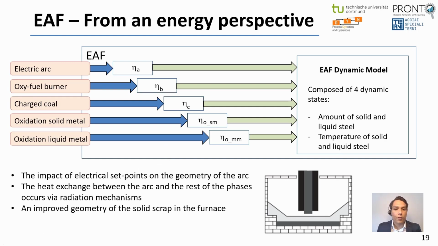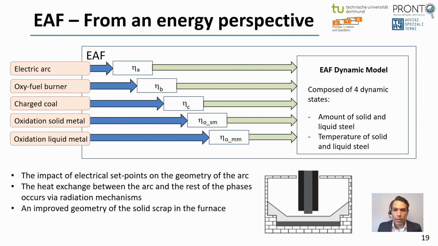An improved geometry of the solid scrap in the furnace was considered. Most of the existing electric arc furnace models assume that the solid metal takes a cone-frustum geometry during most of the batch. Unfortunately, during our observations of the process in the furnace in Acciaierie Speciali Terni, we noticed that this geometry cannot describe the process properly, especially during the early stages of the batch.